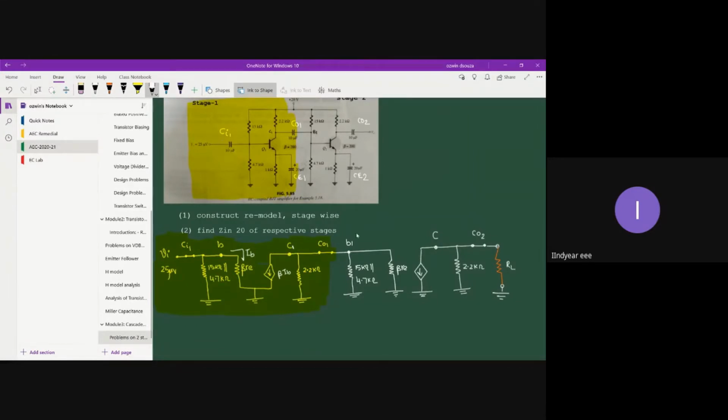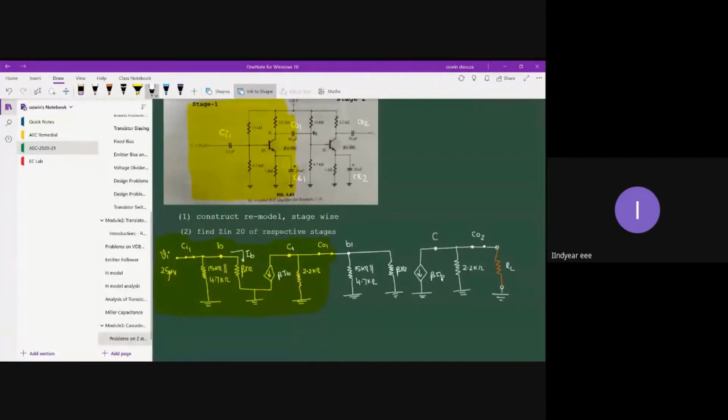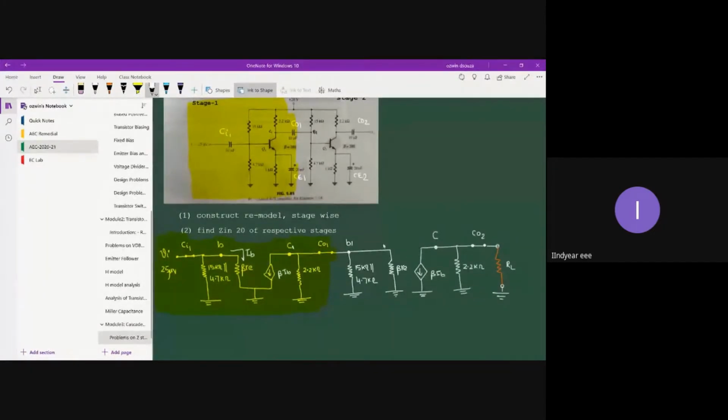Again you will have the RE model of the second stage, consisting of beta RE and beta times IB. Let me consider this as IB2, just to distinguish the two IBs. So that's your RE model of the second stage.